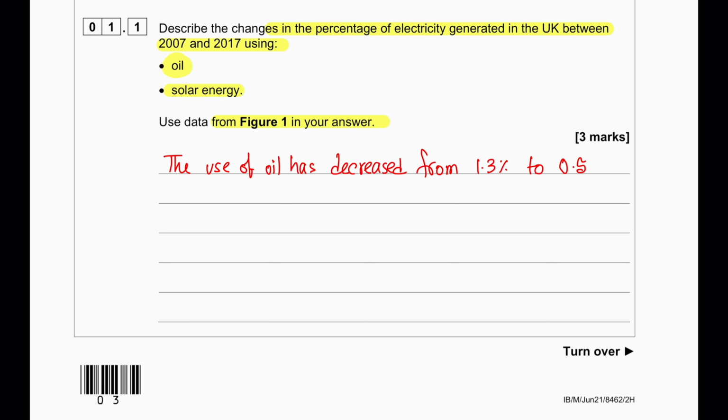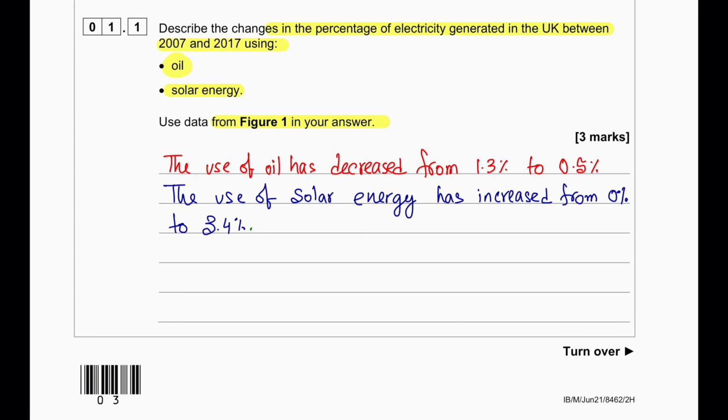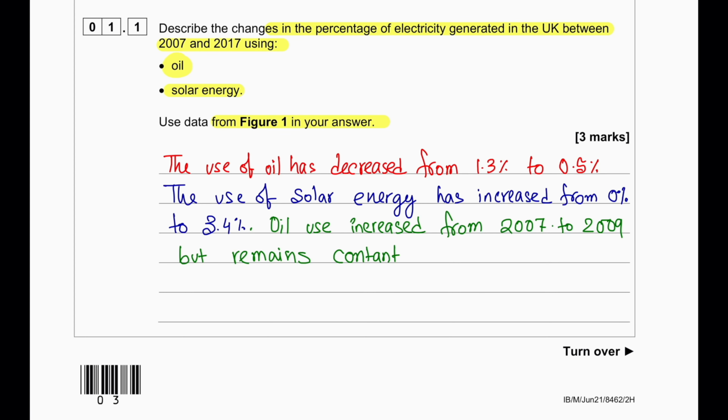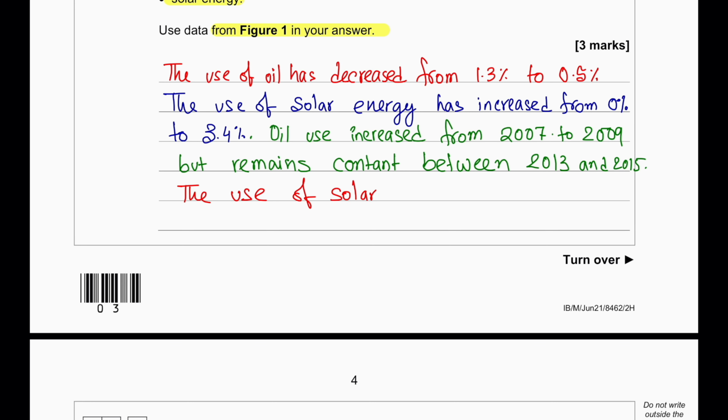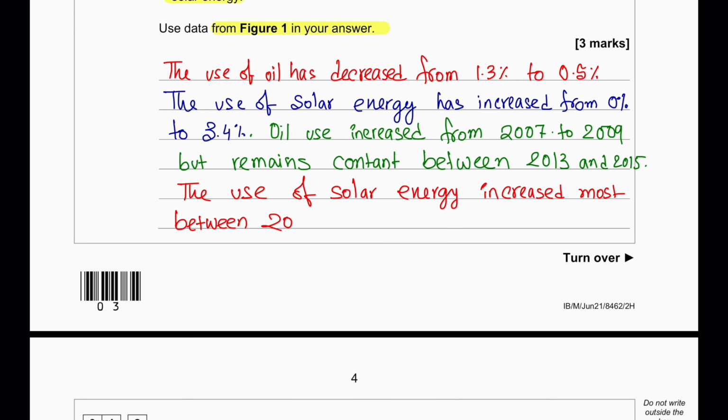However, there is no change in oil use between 2013 and 2015. And there is no change in solar energy use between 2007 and 2009. However, the use of solar energy increases most between 2013 and 2015. Between 2007 and 2011, more oil was used, and between 2013 and 2017, more solar energy was used.